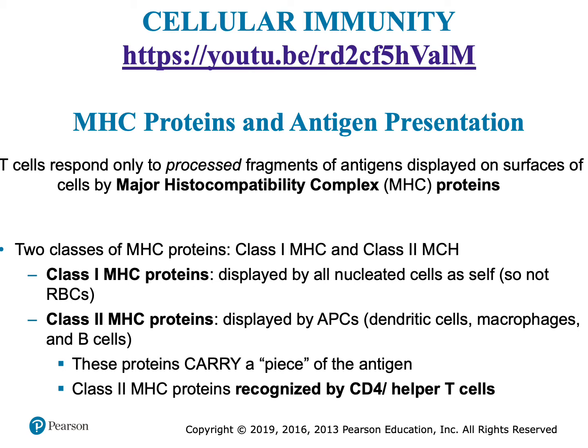That guy is going to be recognized by a helper T cell. So his little receptor is called CD4. A helper T cell is the CD4. You can't do anything in your body without helper T cells. He helps everyone. And I mentioned this in class the other day, or maybe in the last PowerPoint.